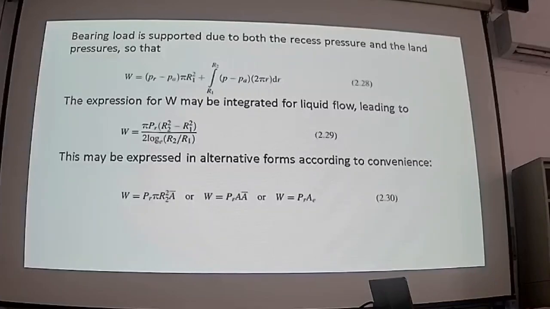We will come back to how to calculate the equivalent bearing area in the next chapter. But in this chapter 2, we only discuss the simplest one, the circular bearing.